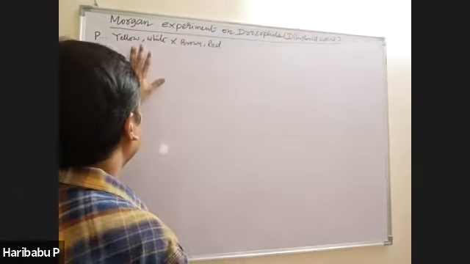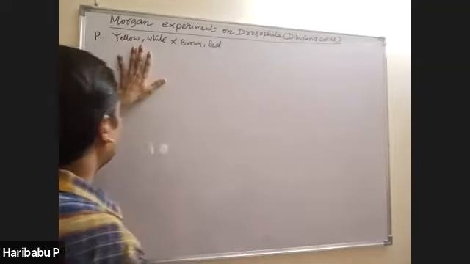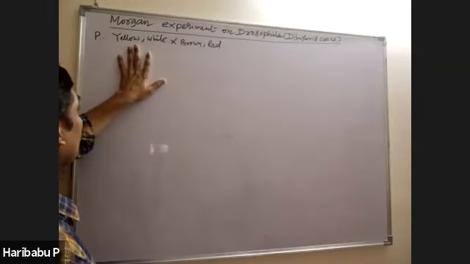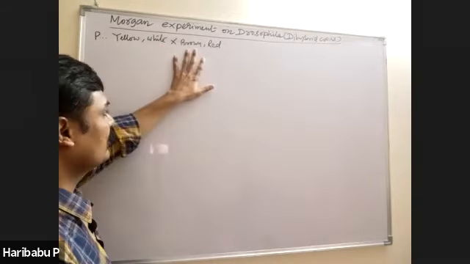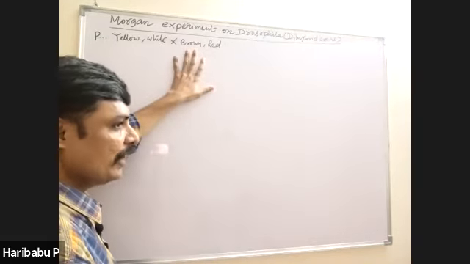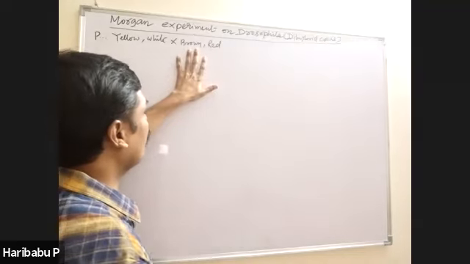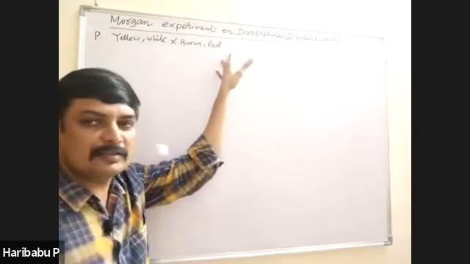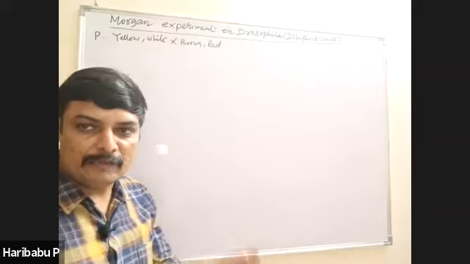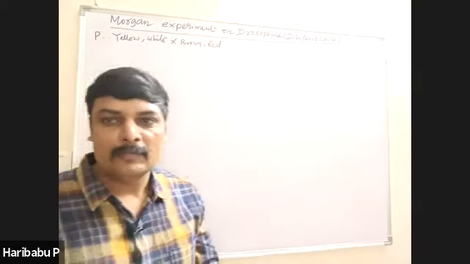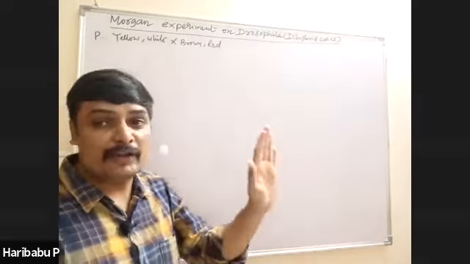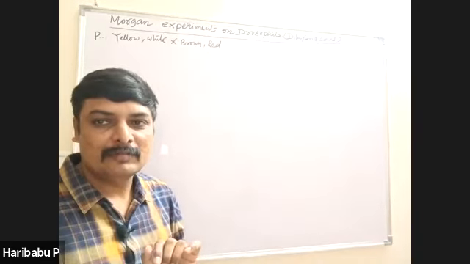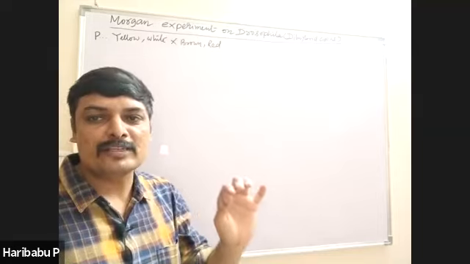So Drosophila flies having yellow bodied, white eyed are crossed with Drosophila flies having brown bodied and red eyed flies. In the F1, brown red females, yellow white males were obtained.